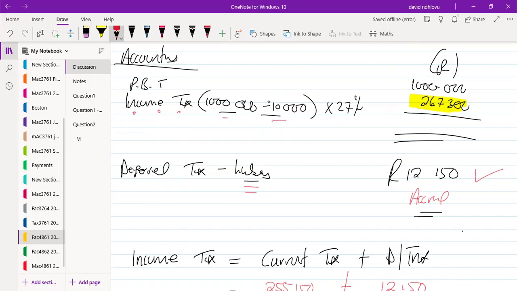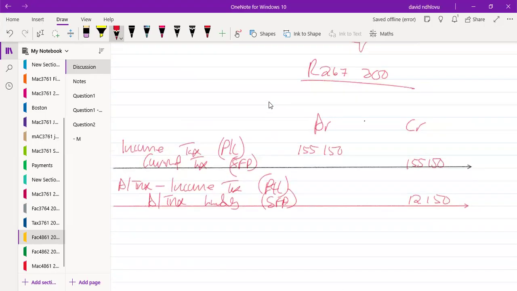Did it increase or decrease? Remember, it's a startup company and did not have deferred tax, so we have an increase of 12,150. Then you apply simple accounting logic. If a liability increases, it increases on the credit side. So for the deferred tax in the statement of financial position, you credit. Then the balancing or contra entry, you send to the income tax in the P&L, and your journal is done.